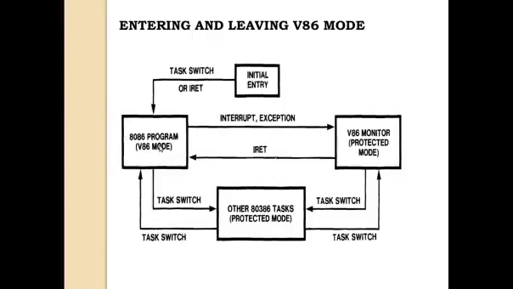From the 8086 program, it may switch to the 386 task, or it may switch to the monitor mode. So due to task switching, there is switching from virtual mode to protected mode to monitor mode, and from monitor mode it can return to the virtual 86 mode only on execution of IRET, else it will go to the 386 mode. This is how the 386 processor will switch from virtual 86 mode to protected mode, and protected mode to virtual 86.